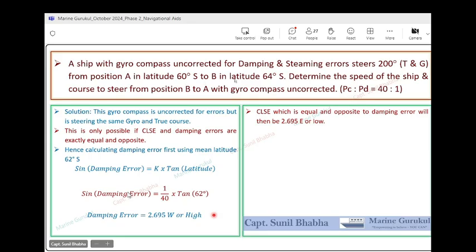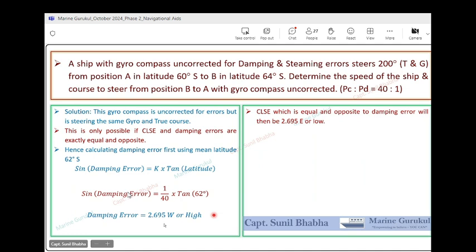For the initial 50% of the passage, the damping error will be slightly on one side of 2.695, either slightly lower or slightly higher. And for the later 50% of the voyage, it will err on the other side. So the error will be fluctuating around this figure. Somewhere it will be slightly lesser than this, somewhere it will be slightly greater than this.